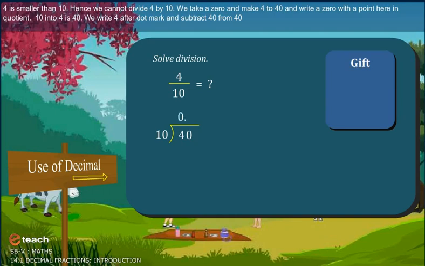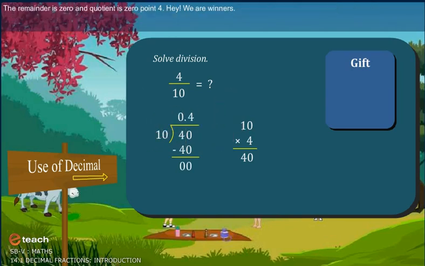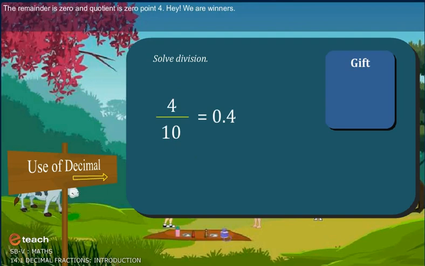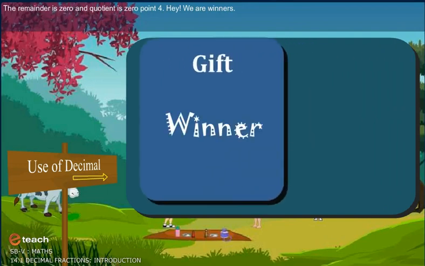Now we take a 0 and make 4 to 40 and write a 0 with a point here in the quotient. 10 into 4 is 40. We write 4 after the dot and subtract 40 from 40. The remainder is 0 and the quotient is 0.4.